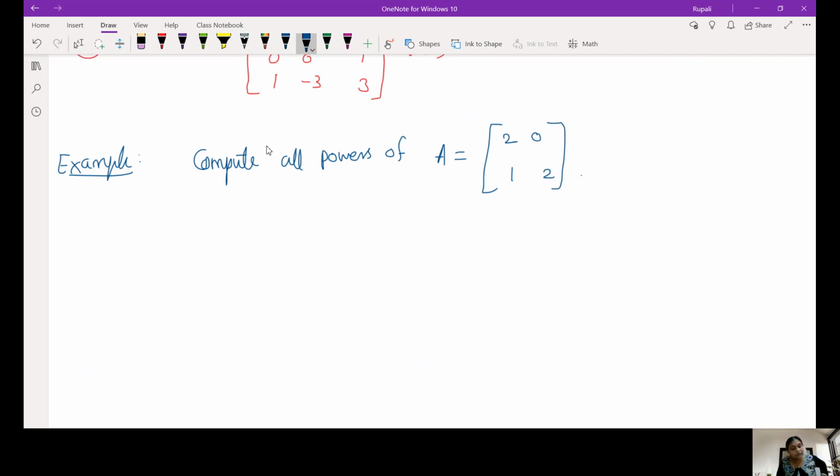All powers means I want to find A raised to t. Directly finding A raised to t is not possible, so for that we will try to write A as a sum involving a nilpotent matrix.